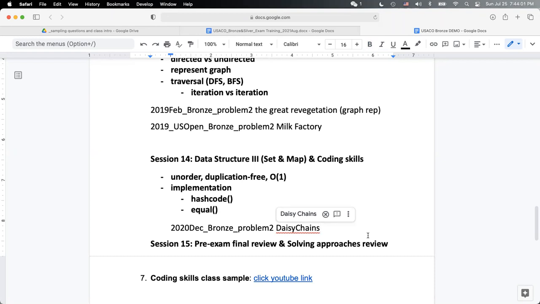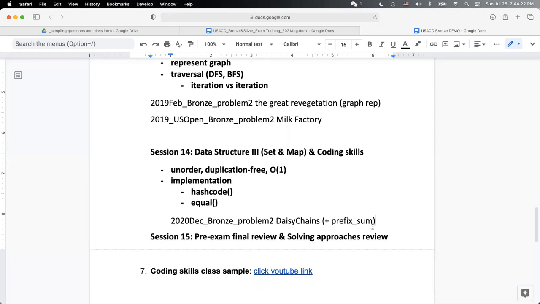Certain questions also need hash set and hash map plus, for example, perfect sum. This question is just an example. It's like a build-up: you can get components from this and that and build up together. Okay, so that's data structure 3.